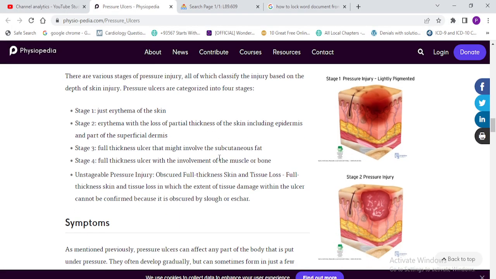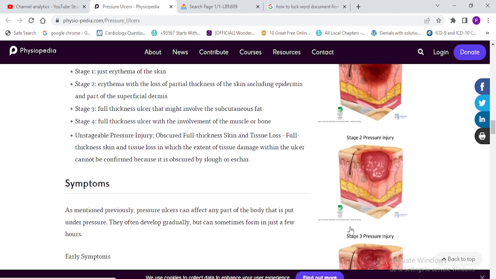If you see the pressure ulcer stages here, stage 1 is just erythema of the skin. See here, this is stage 1. Stage 2, erythema with loss of partial thickness of the skin including epidermis and part of the superficial dermis. See here, epidermis as well as the superficial dermis loss.